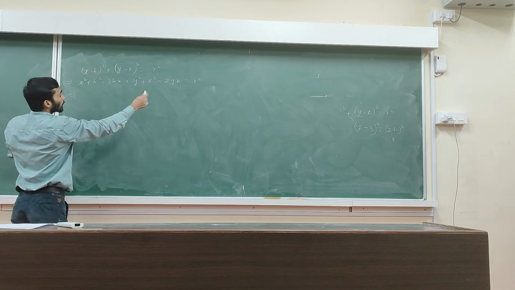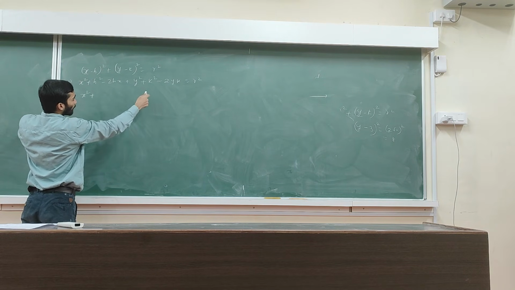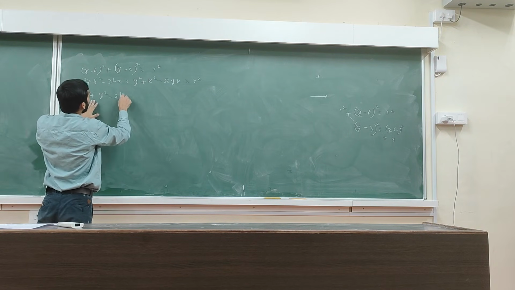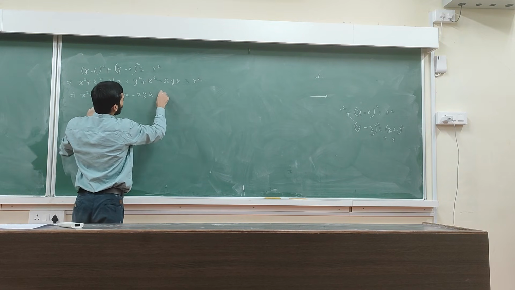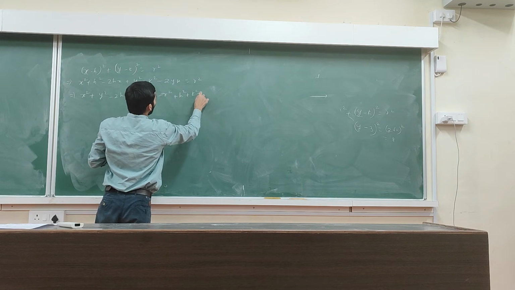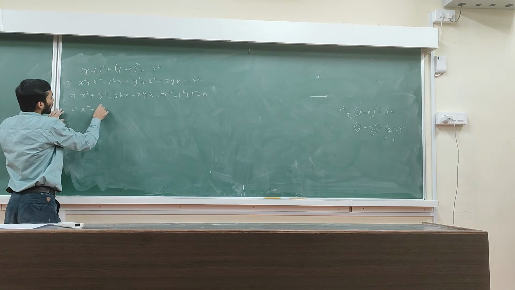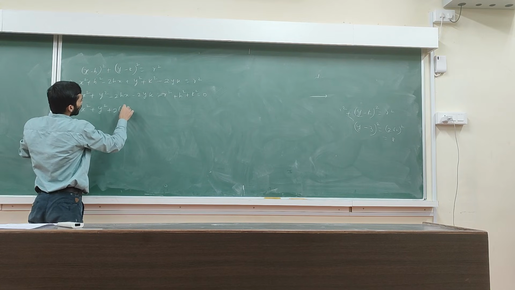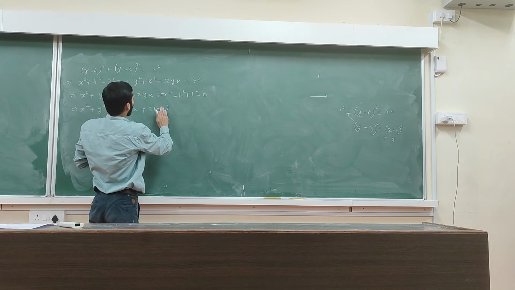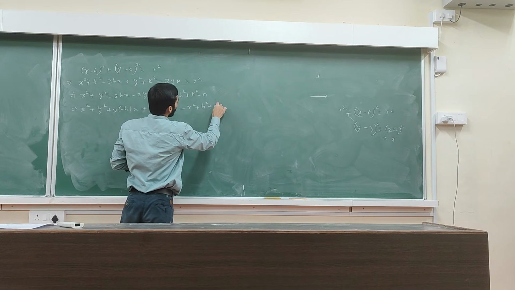If you transpose r square, I'm just modifying it, you will get x square plus y square minus 2hx minus 2ky plus h square plus k square minus r square is equal to 0. Finally, I'm going to modify it a little bit: x square plus y square plus twice of (minus h) x plus twice of (minus k) y plus h square plus k square minus r square is equal to 0.